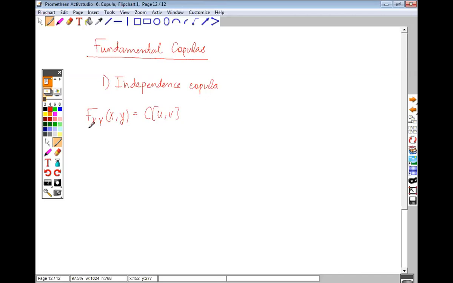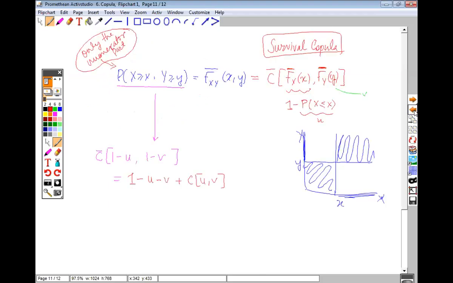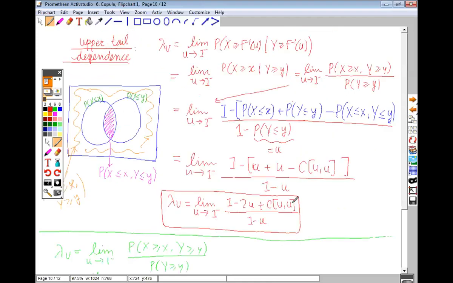That is the same kind of thing that happens with Copula as well. So remember, Copula is not the marginal. Copula is not the PDF. It is something like a CDF, right? But just to remember it easily, it is going to just be U times V. Remember, what we did here was we derived the upper tail dependence and the lower tail dependence coefficient in terms of C of U comma U, right?